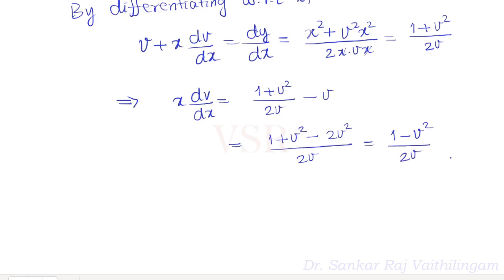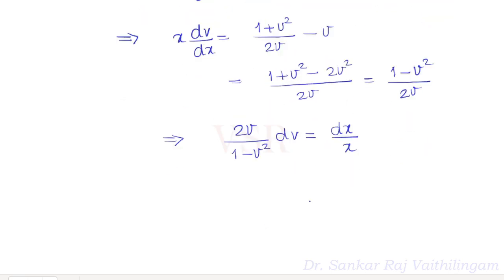Now let us cross multiply. So 2v divided by 1 minus v square into dv is equal to dx by x. The 2v comes to the top and 1 minus v square to the bottom. Note that if we differentiate 1 minus v square, we get minus 2v, but here we have plus 2v.